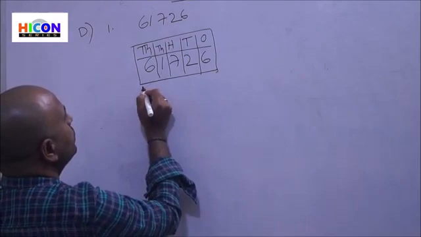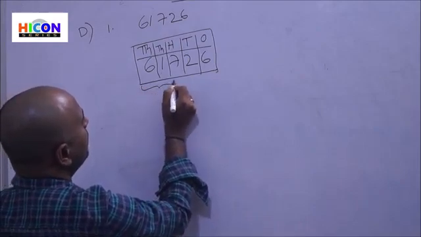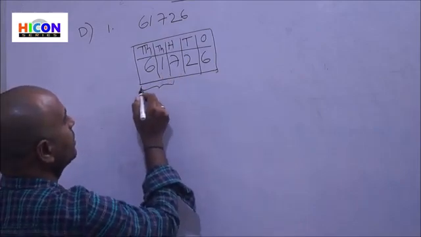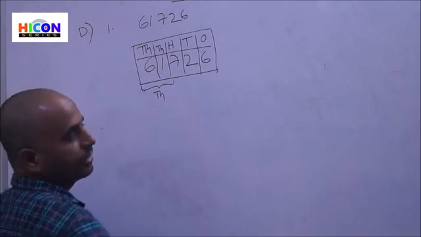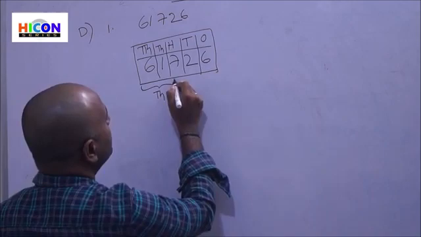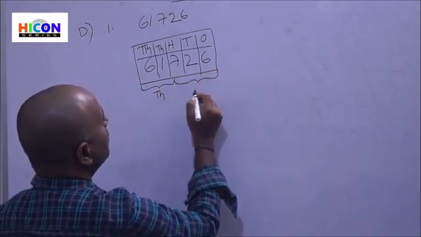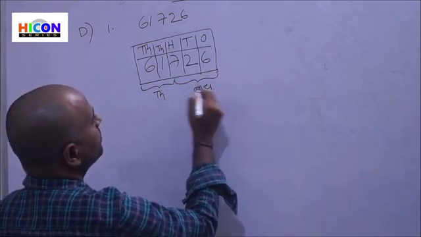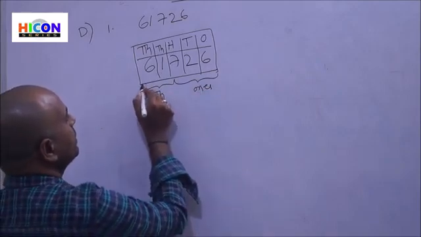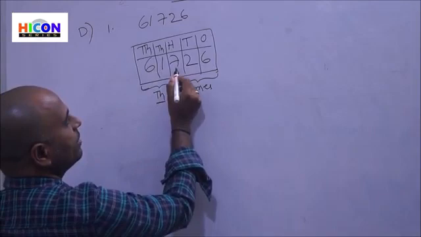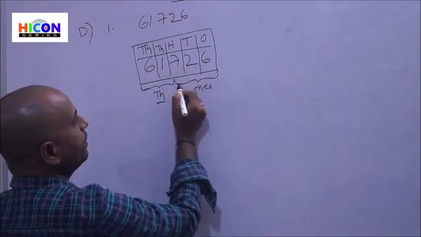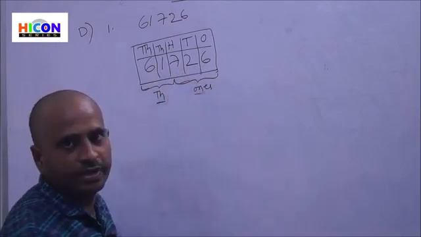Next, these two places together are called the thousands period, and these three places together are called the ones period. So the 6 and 1 form the thousands period, and the last three places form the ones period.